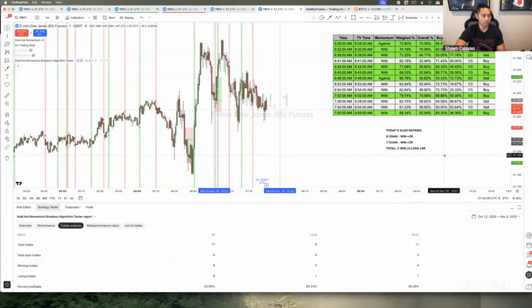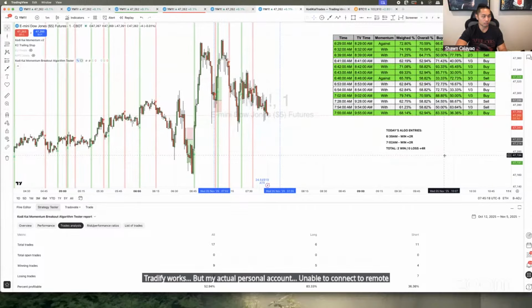Let me see if the Apex one works. I don't know. The Apex one works, but yeah, I don't know. So Apex works, Tradeify works, but my actual personal account, unable to connect to remote server.